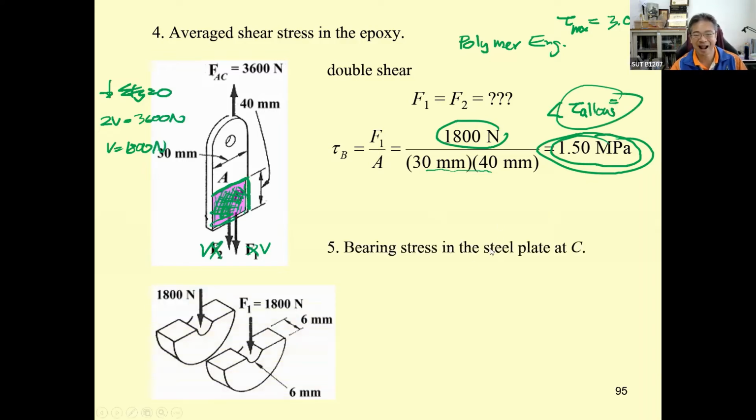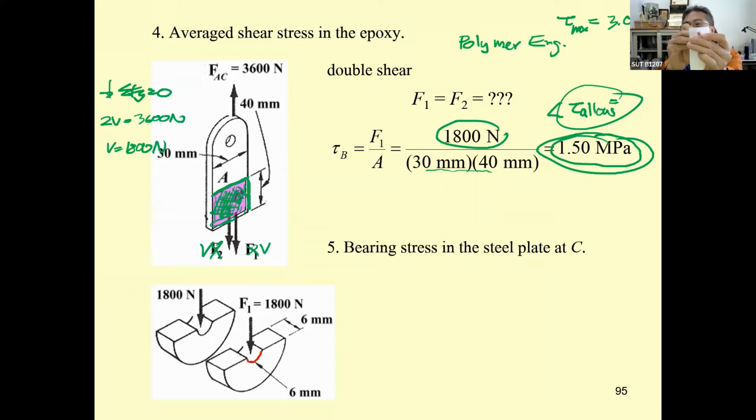And then come to the bearing. The bearing stress is supposed to occur in this area. Why? Because when we talk about the bearing, the failure is a kind of crushing of the plate. First, it's not tearing yet, it's just a crushing of the plate.